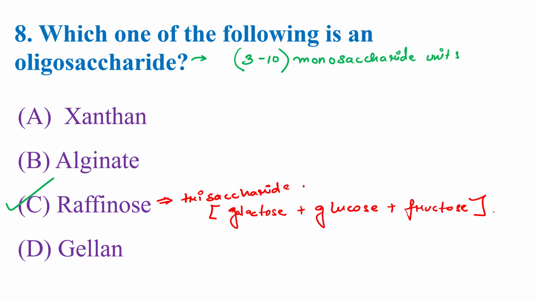Basically, these are found in beans, cabbage, whole grains. Whereas the xanthan, it is a polysaccharide. Alginate is also a polysaccharide, and gellan, it is also a polysaccharide. So over here my correct option is option number C, that is raffinose.